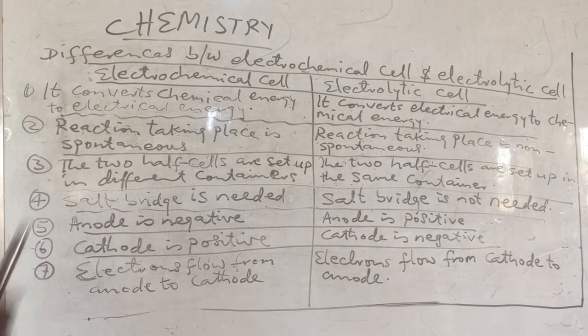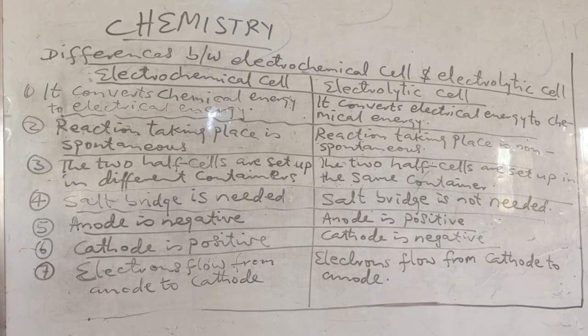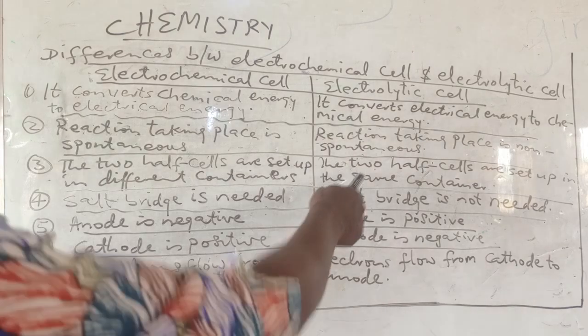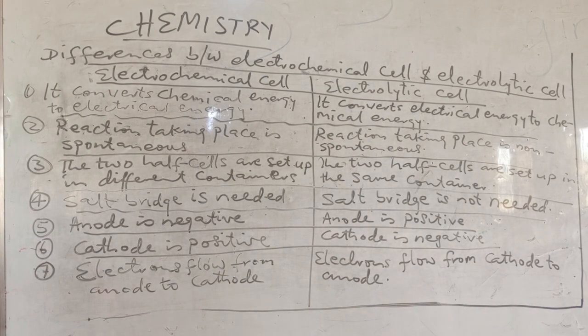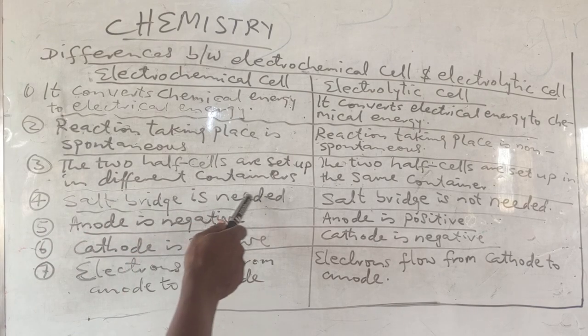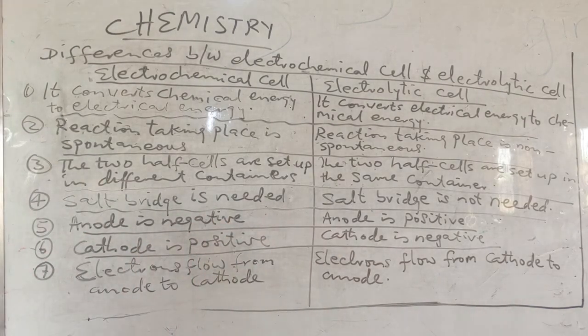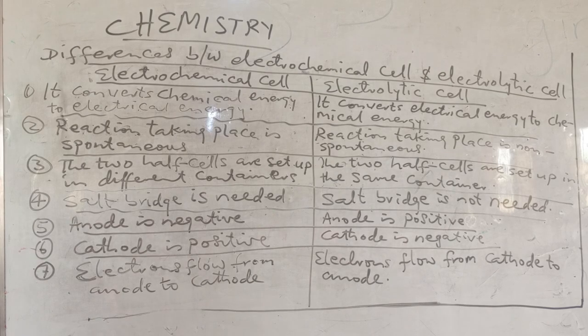Number 3, the two half cells are set up in different containers. The two half cells are set up in the same container. Number 4, salt bridge is needed. Salt bridge is not needed.